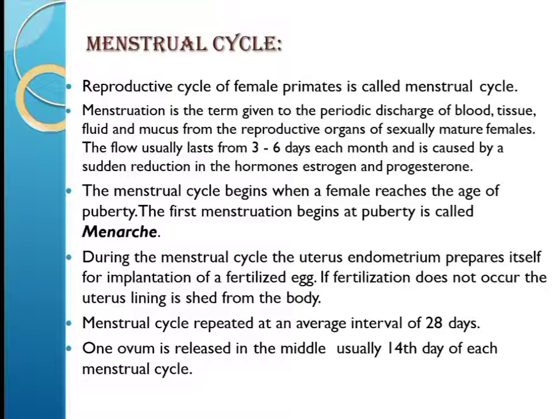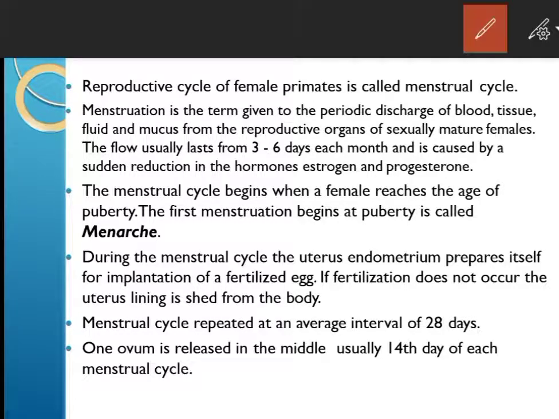The first menstruation begins at puberty and is called menarche. The menstrual cycle stops at around 50 years of age in human females, and this stage is called menopause.